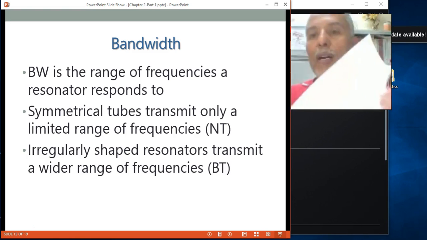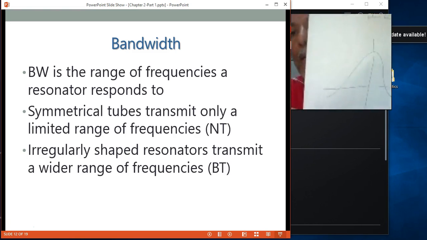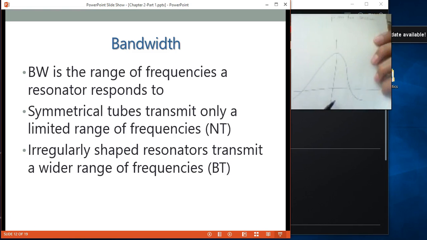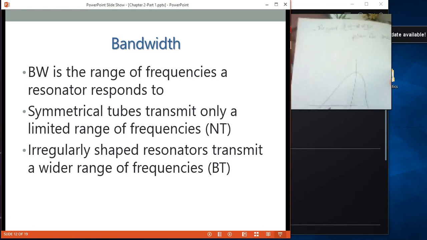You have the center frequency here. That is where the natural frequency is. And to come close to it within range, you can go from either side. You can go from 300 to 400, or from 400 to 500. On either side, you are going to have 100 hertz of a difference.